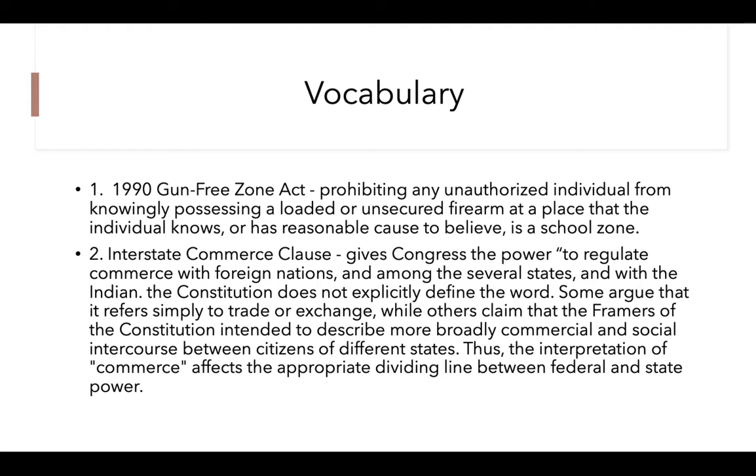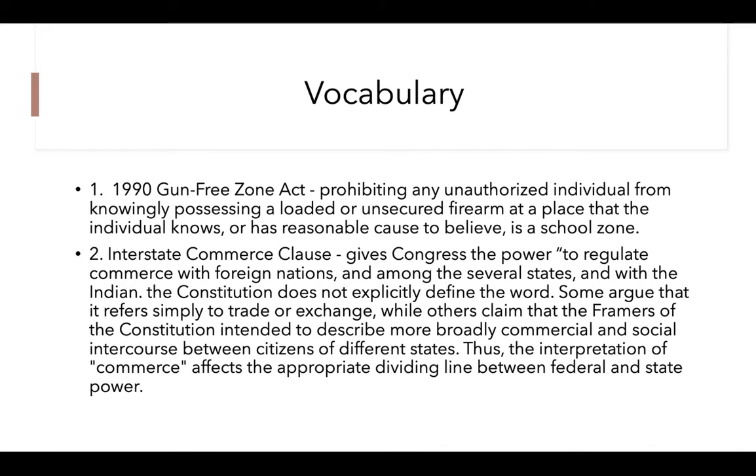Also keep in mind that the Constitution does not explicitly define the word regulate or the concept of commerce. Some argue that it refers simply to trade or exchange. Now I'm talking specifically about commerce.